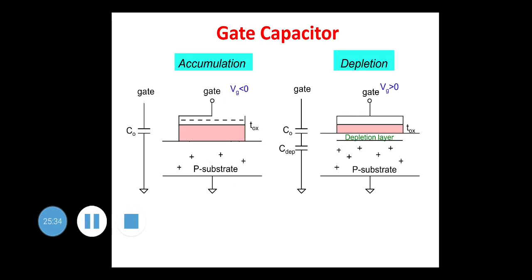You can see here the gate terminal is connected, and a parasitic capacitor C0 is formed. Along with that, because of the depletion layer, the parasitic capacitance C depletion is also formed, and together those capacitances get added, C0 and C depletion. So this is gate capacitance.